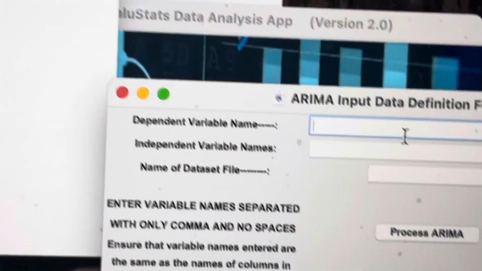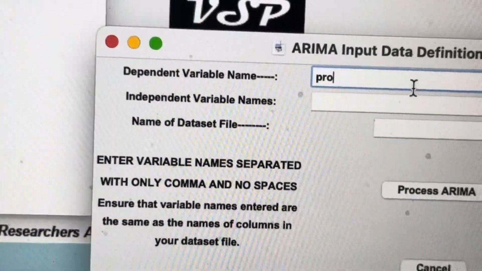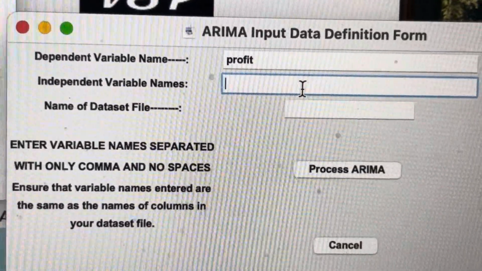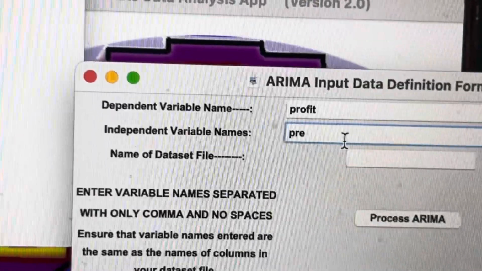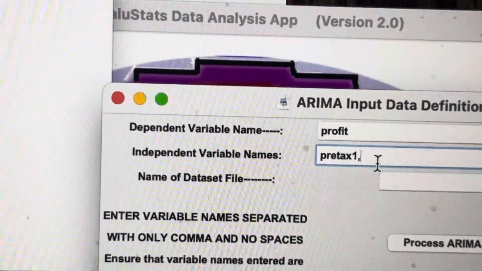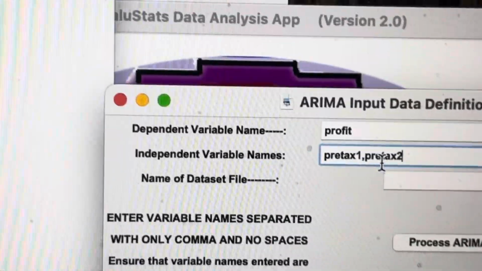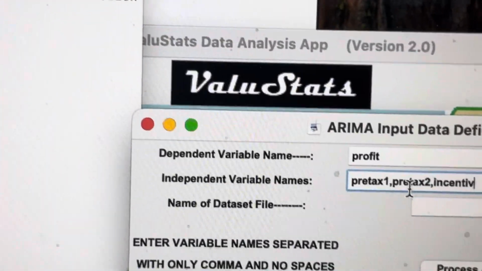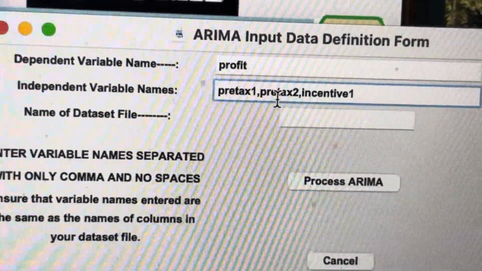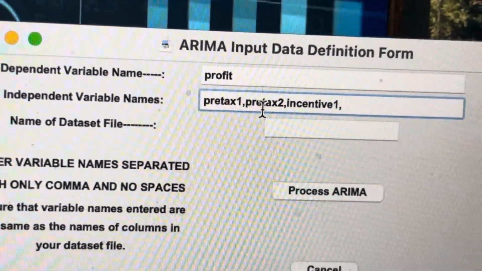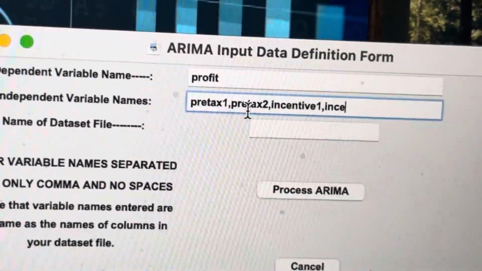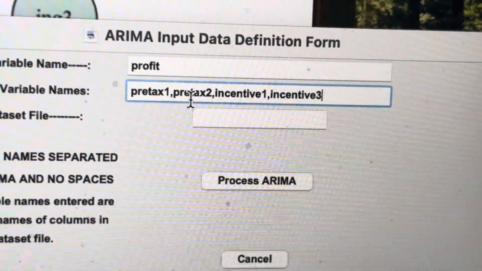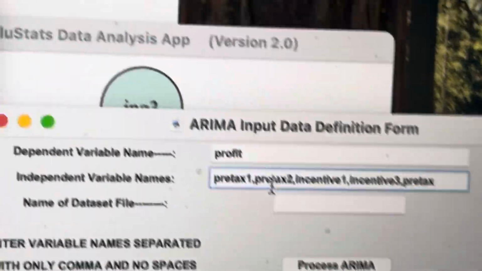Now let's see profits, then against pre-tax 1, pre-tax 2, incentive 1, incentive 3, then pre-tax 3.